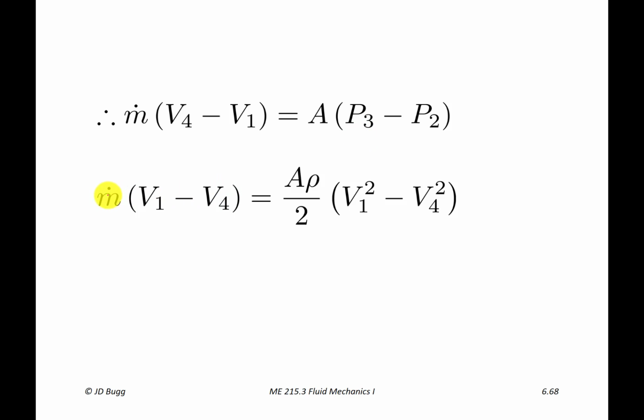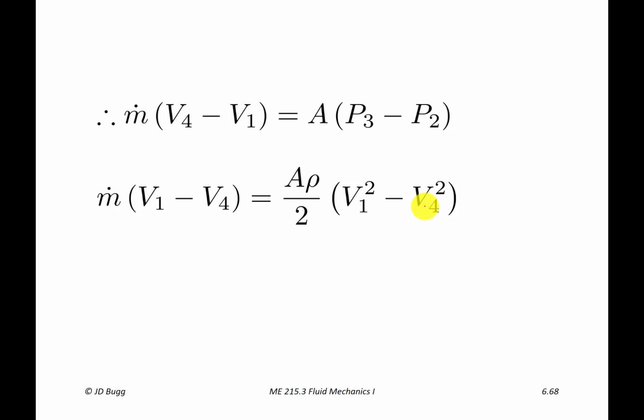So no change on the left-hand side except I've changed the sign. And therefore this is changed to P2 minus P3, and the result we have from Bernoulli's equation for P2 minus P3 is this: A times rho over 2 (V1 squared minus V4 squared).